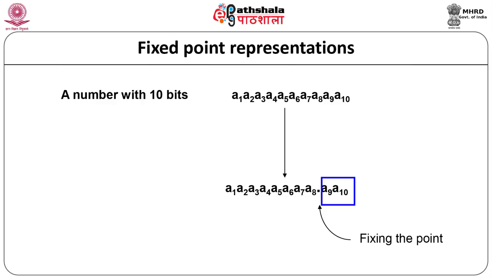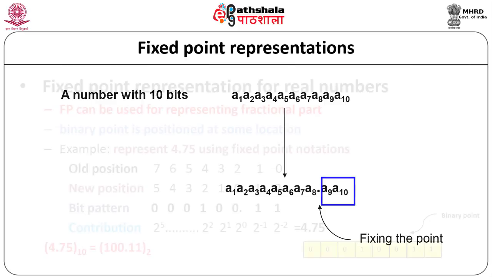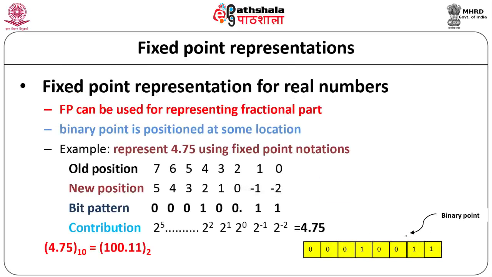In this representation, the radix or binary point is assumed to be after the 8th bit. Note that the binary point is not stored. It is possible to use fixed point representation for real numbers. The binary fractions can be stored by scaling the numbers so that the binary point is positioned at some other location.